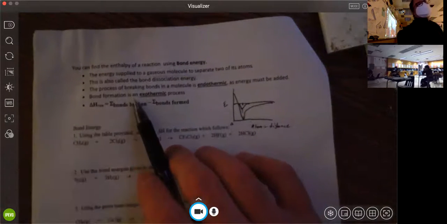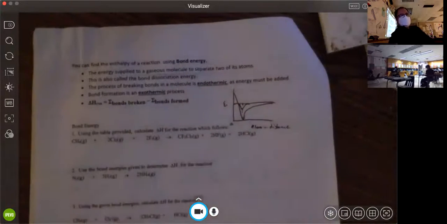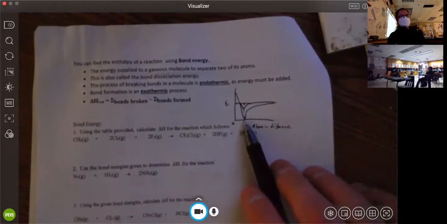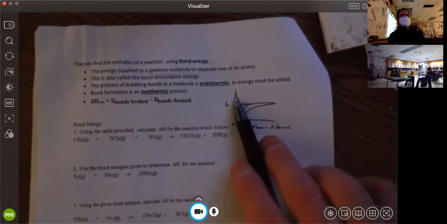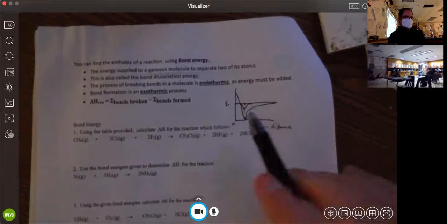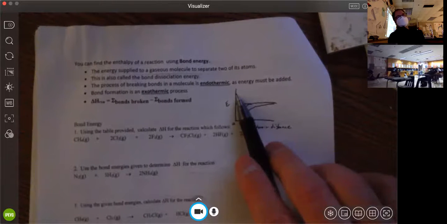All right. So as I told you, there's one last way to find this enthalpy, and that's by taking the bonds broken minus the bonds formed. We talked about this a little bit last week. We talked about that bond energy and how as the atoms get closer to each other, it requires you to put energy in.